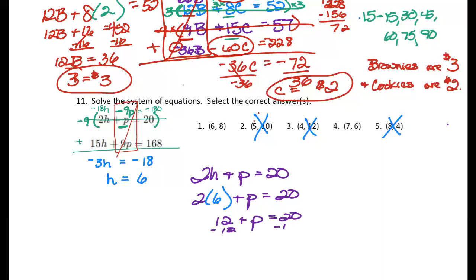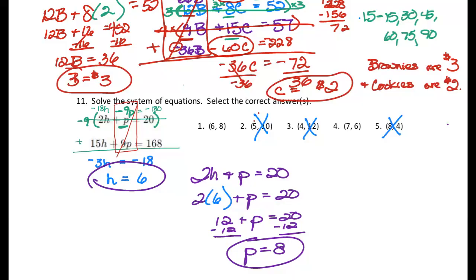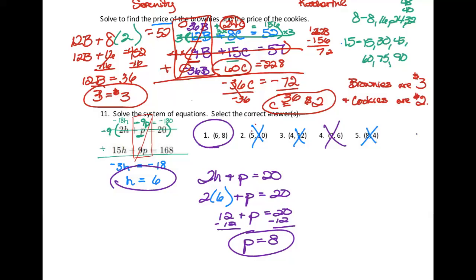Subtract 12, subtract 12. P is equal to 8. So H is 6, P is 8. We're looking at that first point right there. Now that one's not too bad.